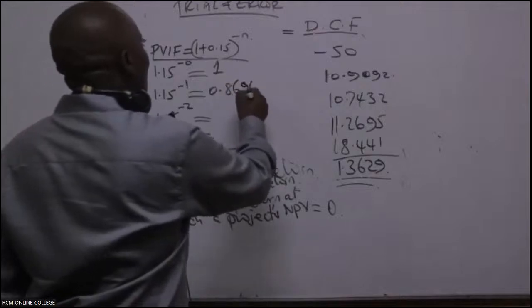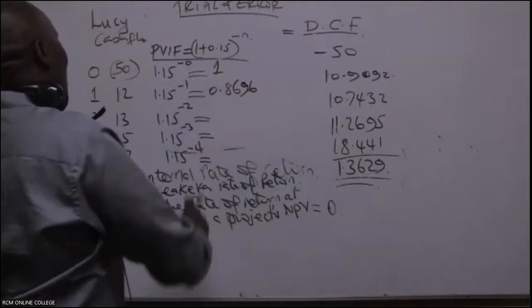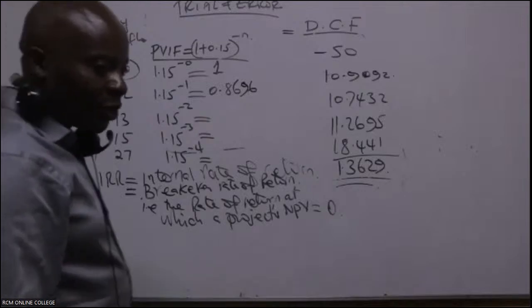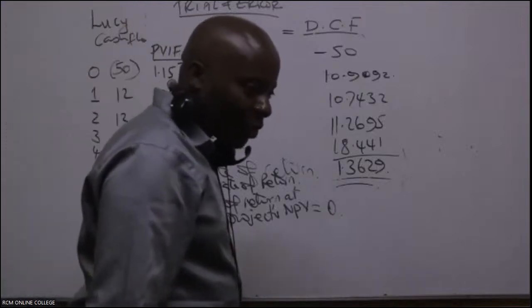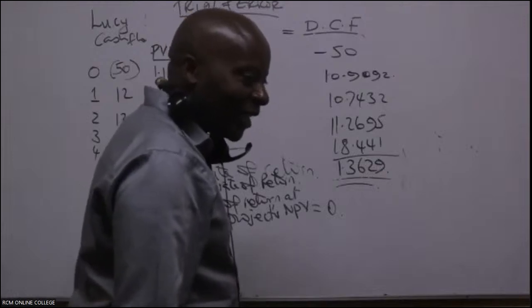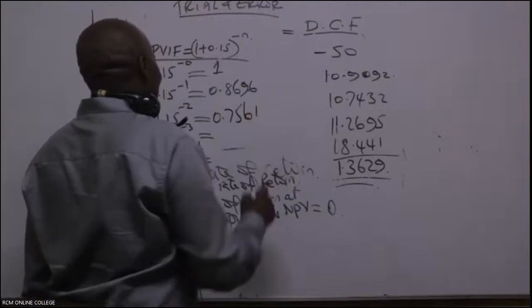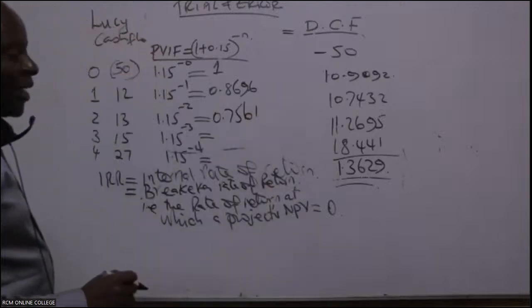Now, are you able to give me this number for year number 2? Great, I've used Excel. It is 0.7561. So please go to year number 3.